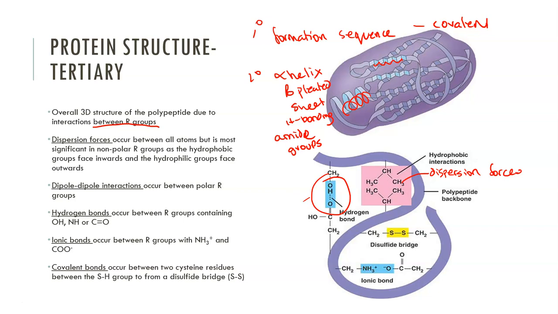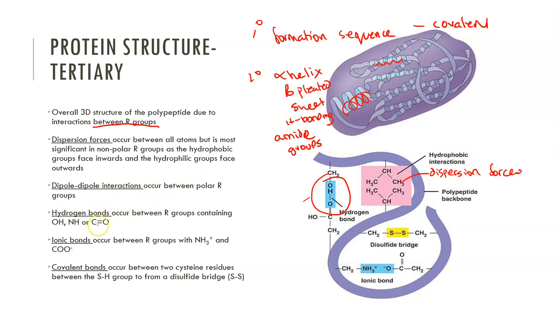The other ones that we have are hydrogen bonds that occur between the side chains that contain OH, NH, or a C double bond O. Remembering that we can have the NH forming a hydrogen bond to the C double bond O, an OH forming a hydrogen bond to a carboxyl as well. So any of these groups which can form hydrogen bonds, same rules as we've seen consistently for all intermolecular forces.